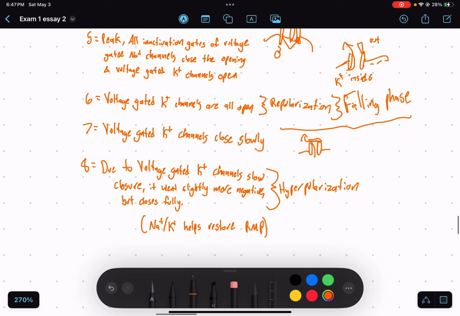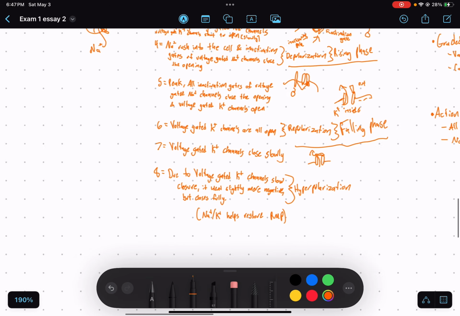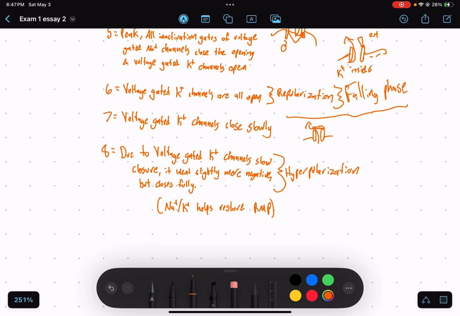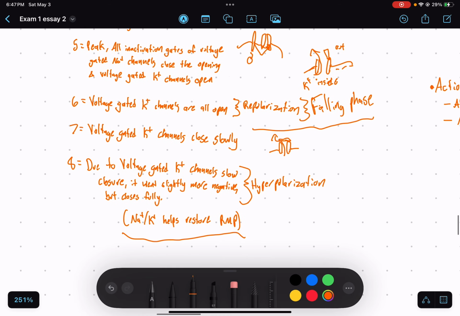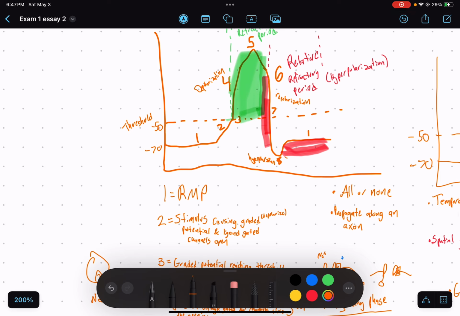And going past that RMP is going to be known as hyperpolarization, number 8, which becomes slightly more negative. But then our sodium potassium pump helps restore that RMP, which is why it doesn't just stick down here at the bottom, it moves back up there.